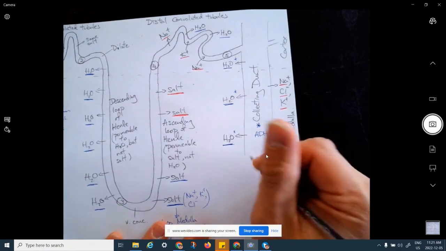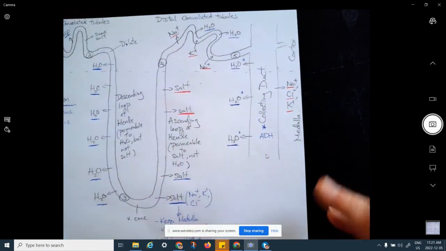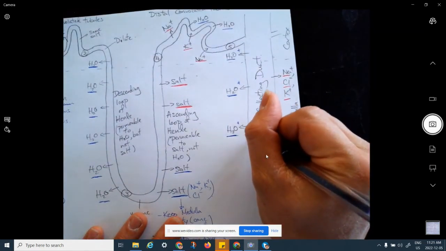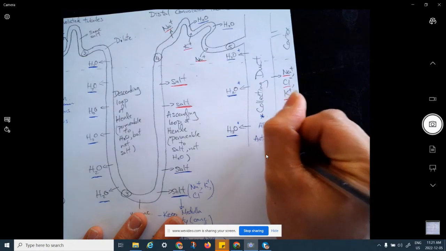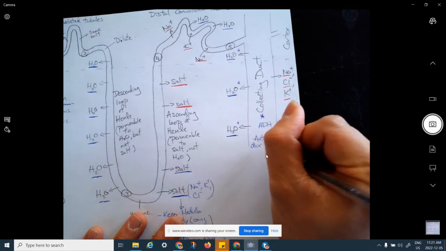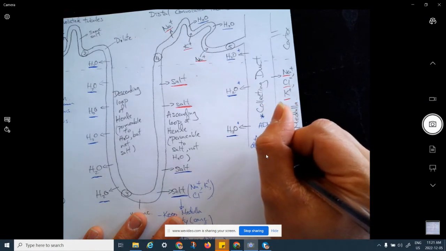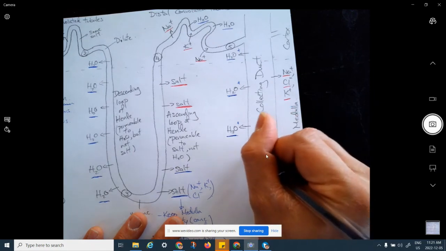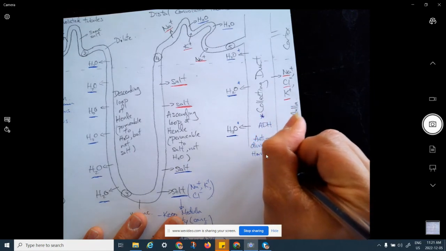So let me just write down the name here since I do have the space for it. Antidiuretic hormone.